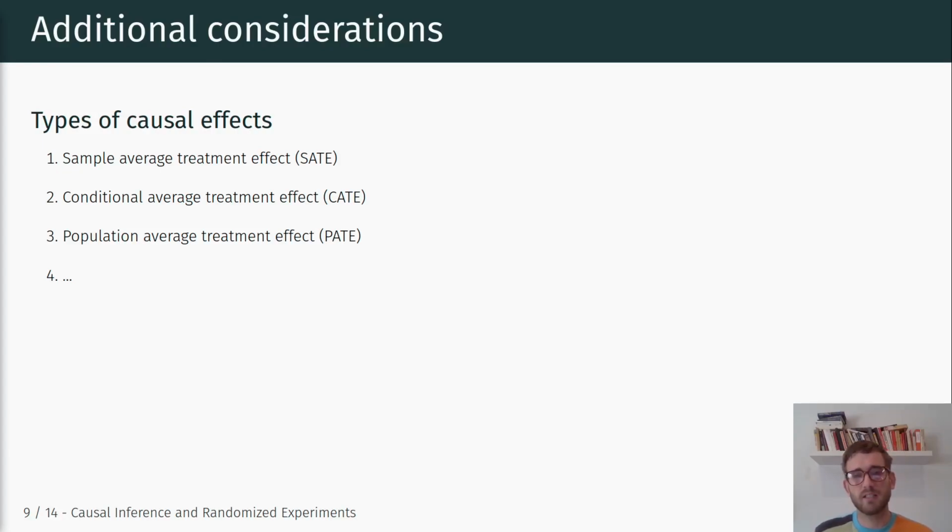But obviously, in many cases, our experimental sample is not representative of the population itself. Okay, so in that case, the sample average treatment effect is not equal to the population average treatment effect. But we talked about post-stratification already, so there are techniques of re-weighting our conditional average treatment effects for different groups in order to provide better estimates for the population average treatment effect as well.